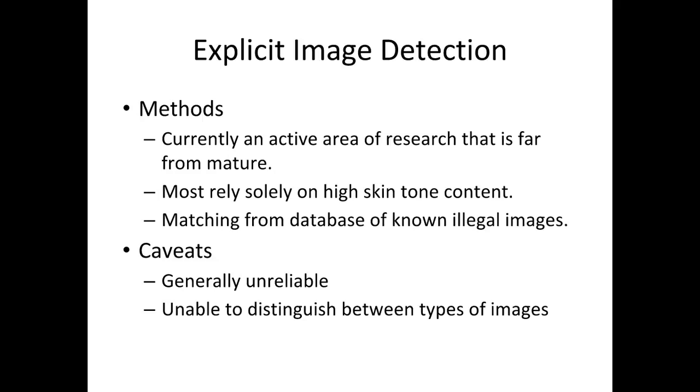The problem is that attempting to automatically identify pornographic or illegal images is very, very unreliable. There is too much contextual information that is required, and it's very difficult to distinguish between types of images that may well fall into the illegal or extreme categories.